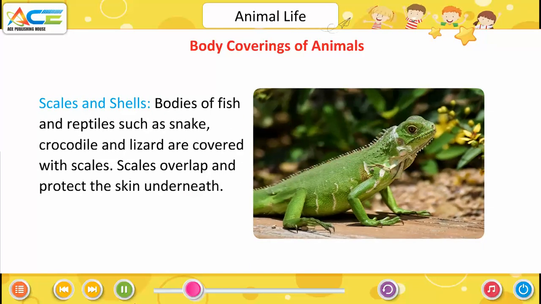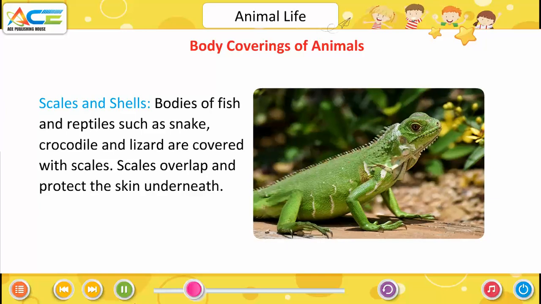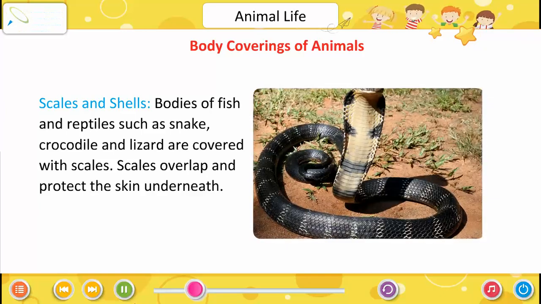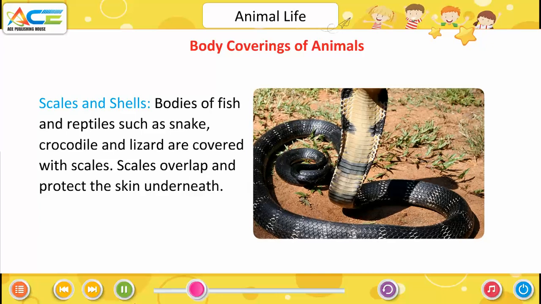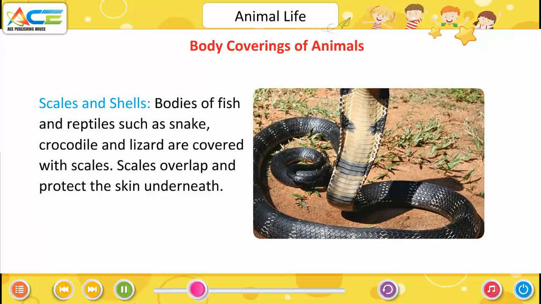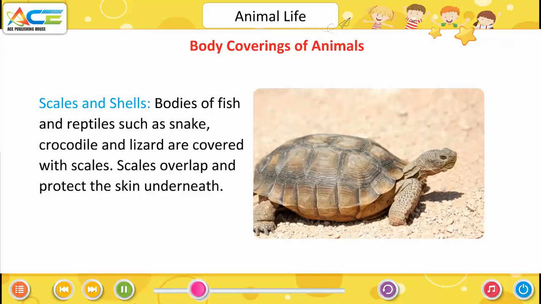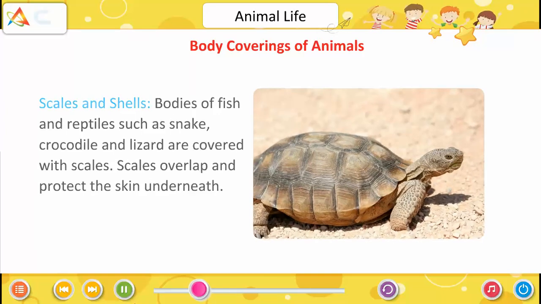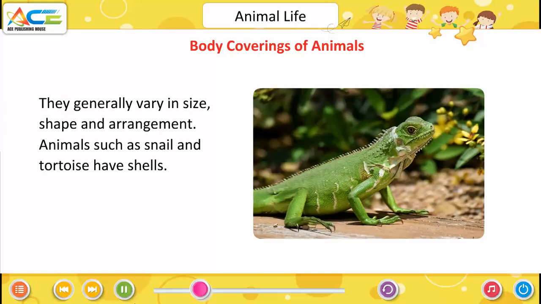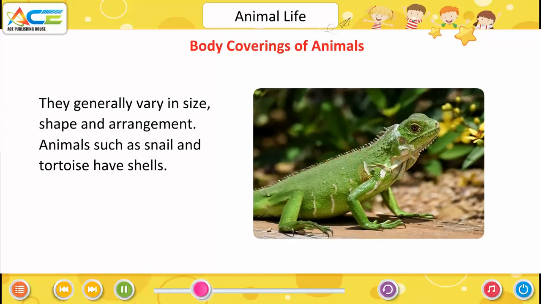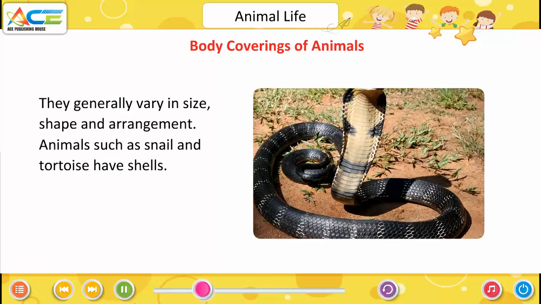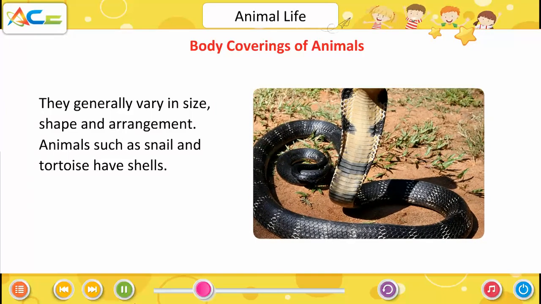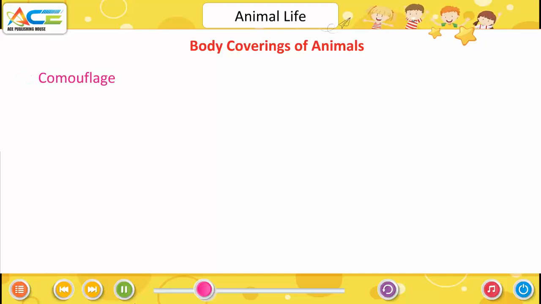Scales and shells. Bodies of fish and reptiles such as snakes, crocodiles and lizards are covered with scales that overlap and protect the skin underneath. They generally vary in size, shape and arrangement. Animals such as snails and tortoises have shells. Camouflage.